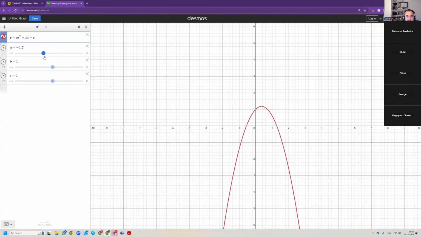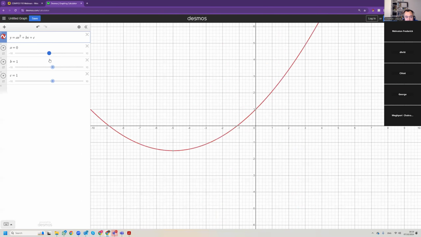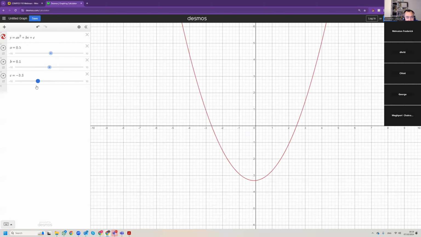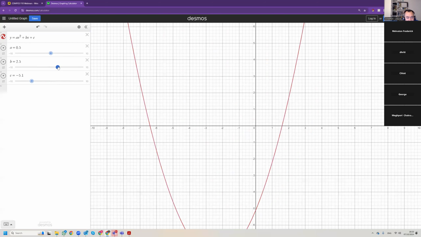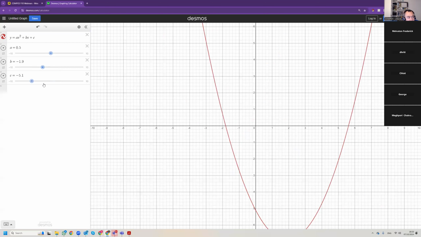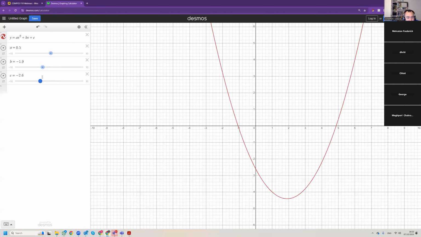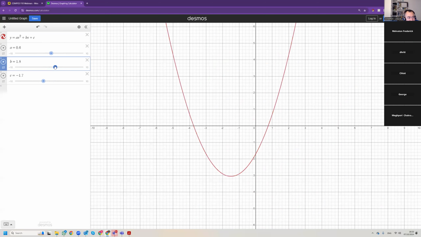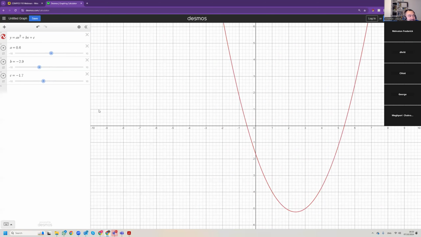You can change a, and look what happens to the parabola when you change a, look what happens to the parabola when you change b, and look what happens when you change c. So basically, if you can figure out what each does, you can work out the A, B, and C. Hope that helps.